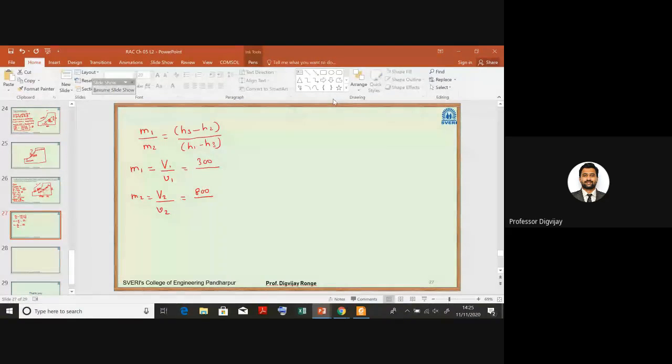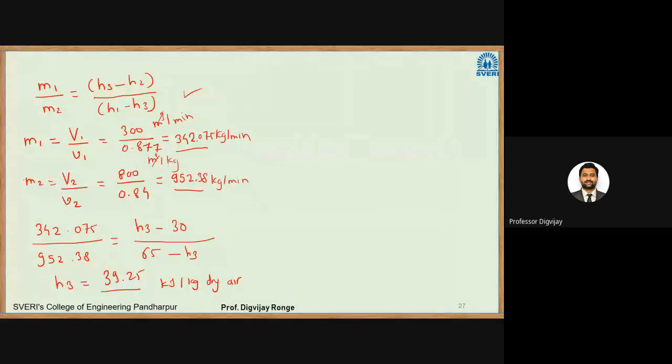Okay, so I think that data is gone somewhere. Yes, it is here. So from chart, I can say at point 3, enthalpy is 39.25, which is already calculated. But dry bulb temperature is 24 degrees Celsius. WBT temperature is 14 degrees Celsius.